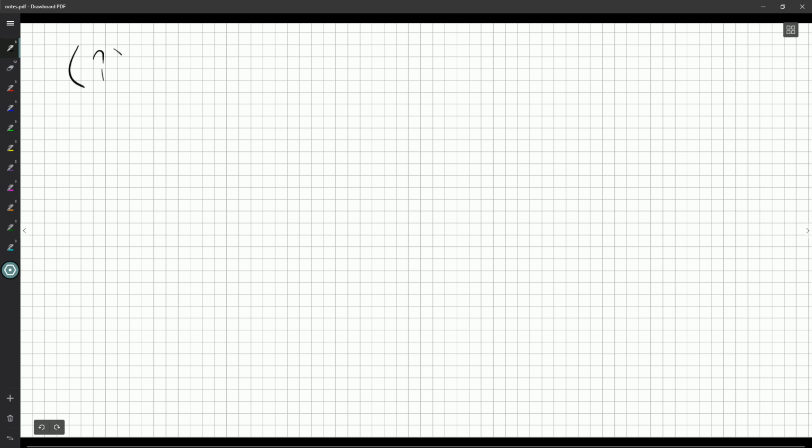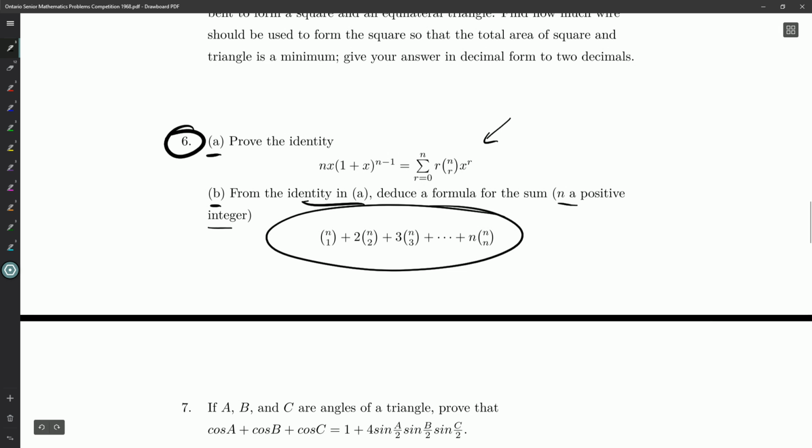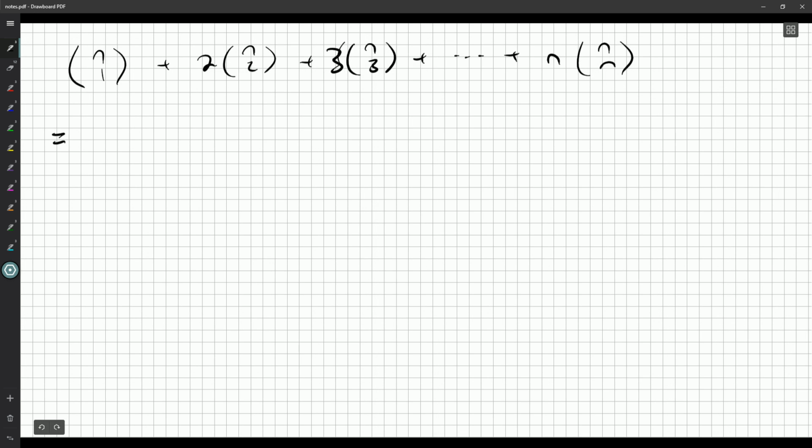So n choose 1 plus 2 times n choose 2 plus 3 times n choose 3 plus n times n choose n. Now this is very close to what they've got. And their expression starts with r equals 0, which is fine with me. So that's 0 times n choose 0, because really you can multiply 0 by anything. You can just add in an extra 0.